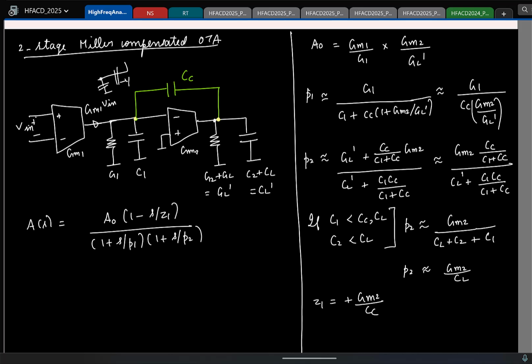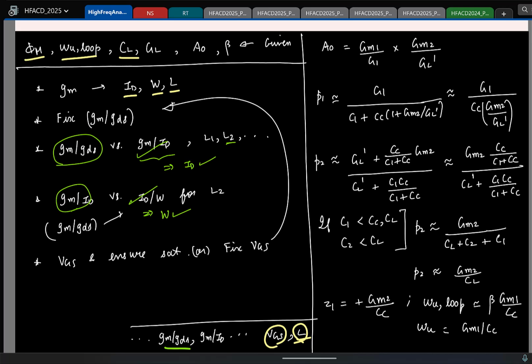So you also have to make sure that is fine, and that is the CGG capacitance. Which lookup table parameter gives you information about CGG? If you remember, we did GM by CGG. So it is also better to check GM by CGG and ensure C1 is smaller than CC.